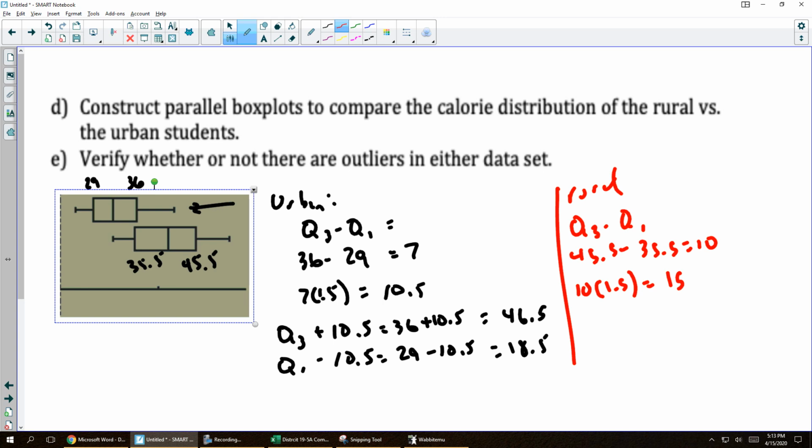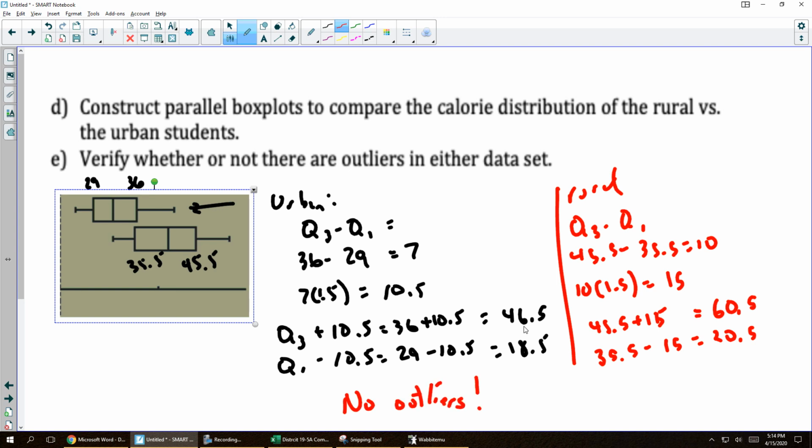And then I say 45.5 plus 15 and 35.5 minus 15. So this is going to be 20.5, and this is going to be 60.5. I do not have points outside of that range, so there are no outliers. No outliers in either direction.